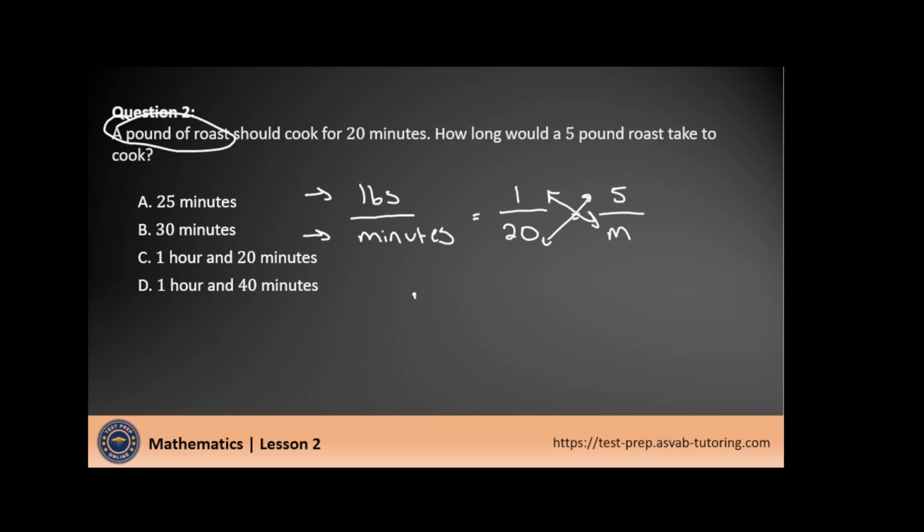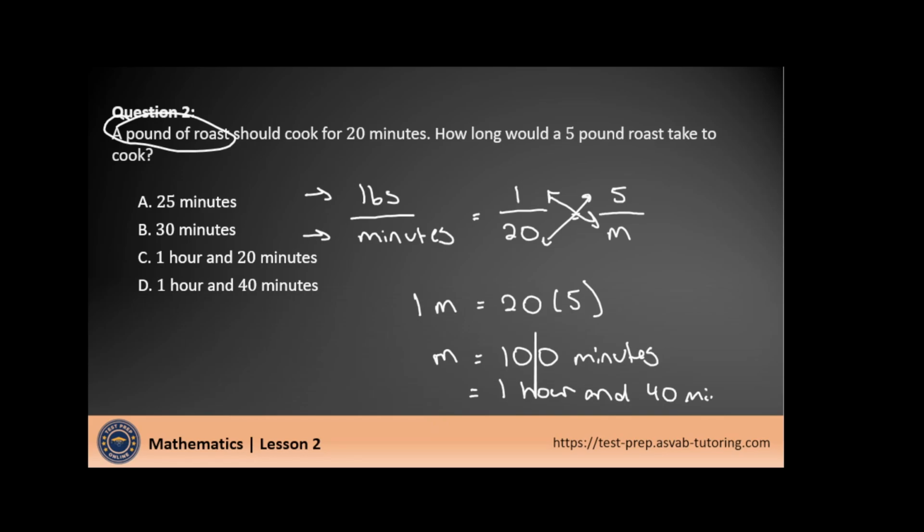We get 1m equals 20 times 5. 1m is just m, and 20 times 5 is 100 minutes. 100 minutes is equal to 1 hour and 40 minutes.